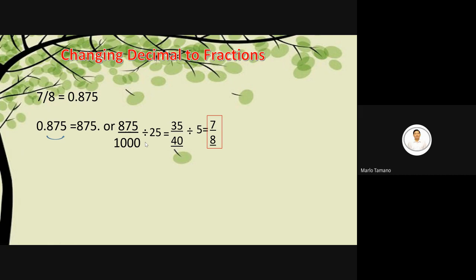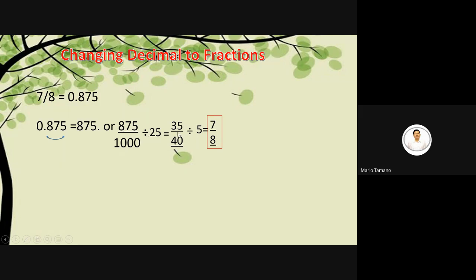So, paliitin natin ito. You'll get the lowest term of it. The GCF must be higher than 25. Kapag nangyari ito at hindi niyo maisip yung higher than 25, pwede naman po. So, 875 divided by 25 is 35. Then, 1,000 divided by 25 is 40.